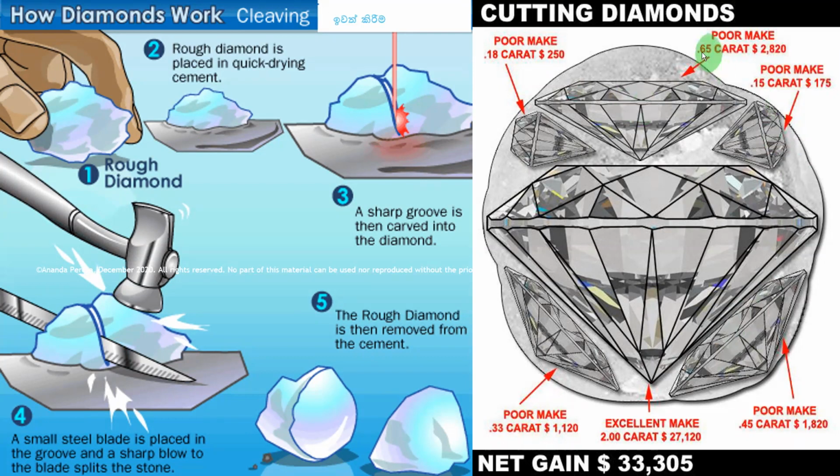This also poor make, but 65 points, 65 points. And this one 18 points. Then the carat price is here. The price is here, not the carat price. The whole stone price is here. So the whole part of the diamond we can cut and polish.